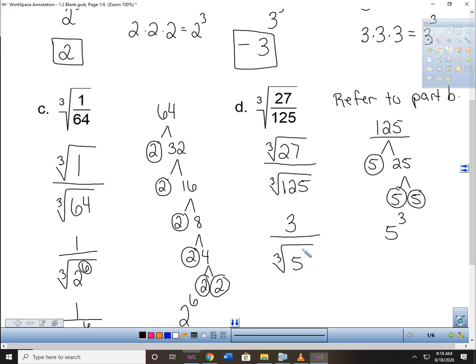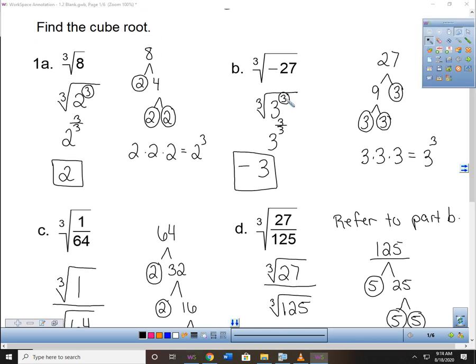Now, what always happens when this number matches this number? So if you look up here, this number matched this number matched this number. What always happens when the power and the root are the same number? They end up just making a 1 right here, correct?